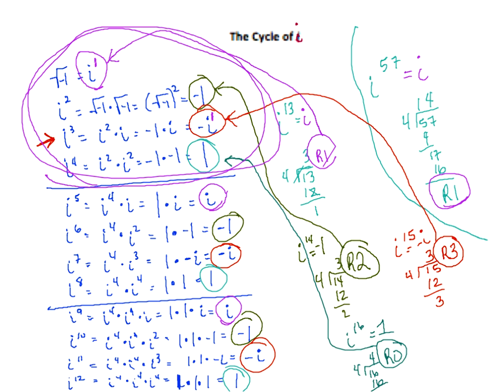So you've got to change it back to whichever of the fundamental pieces of the cycle, the first 4, it corresponds to. So you'll either write i, -1, -i, or 1.